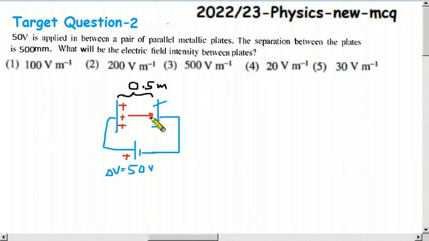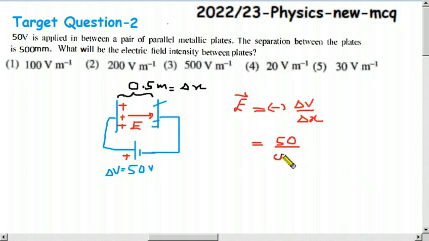So what they ask is E. So vector E equals minus delta V divided by delta X. So this one is delta X. Then the minus sign we can neglect. 50 divided by 0.5, that means 500 divided by 5, that means 100 volt per meter.